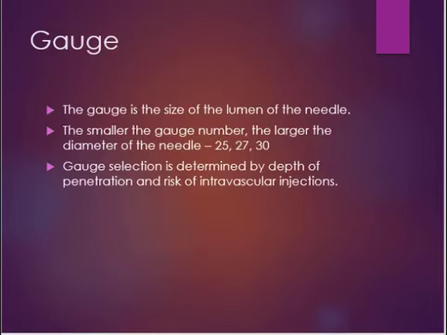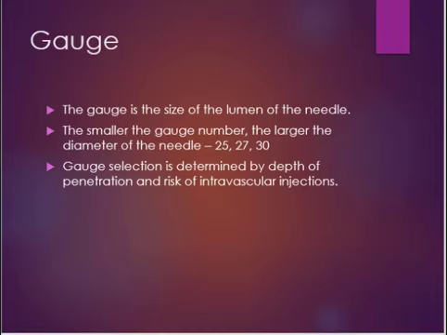Whenever I say gauge, it's the size of the lumen of the needle. The smaller the gauge number, the larger the diameter of the needle. So there's going to be 20, 25, 27, and 30. Be careful because larger gauge means the larger diameter of the needle, not a higher gauge number.